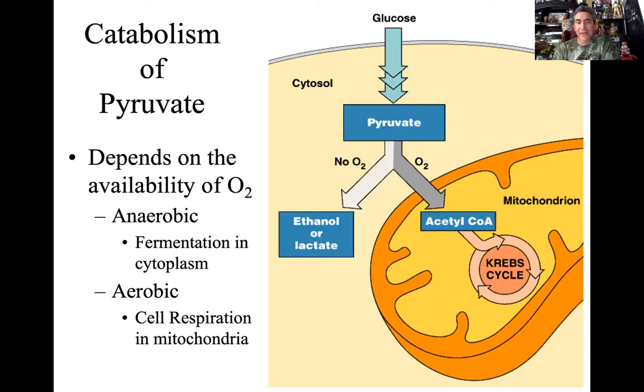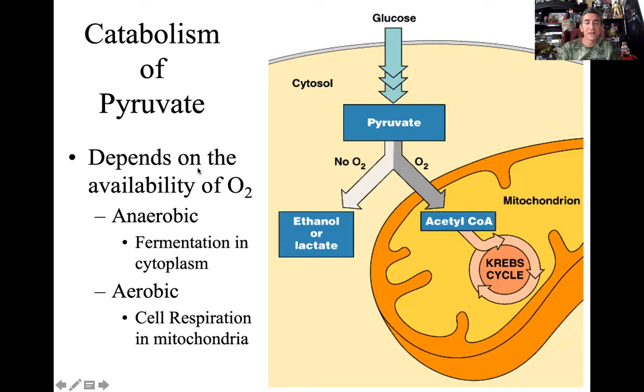Now, if we backtrack, we have our pyruvate, we go through pathway 1, and we have oxygen available, then we'll progress into the mitochondria for cellular respiration. So again, there are a total of 3 pathways. The cell will always progress through only 2, either glycolysis and fermentation, if no oxygen, or glycolysis and cellular respiration if oxygen is present.